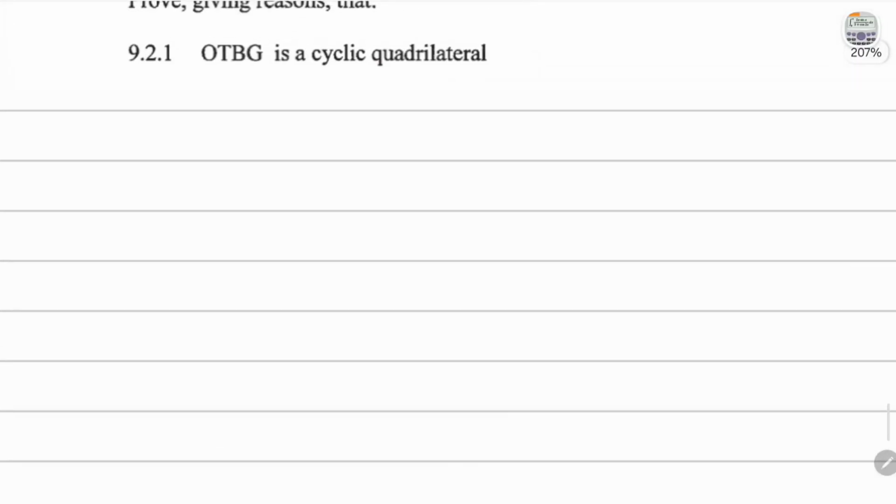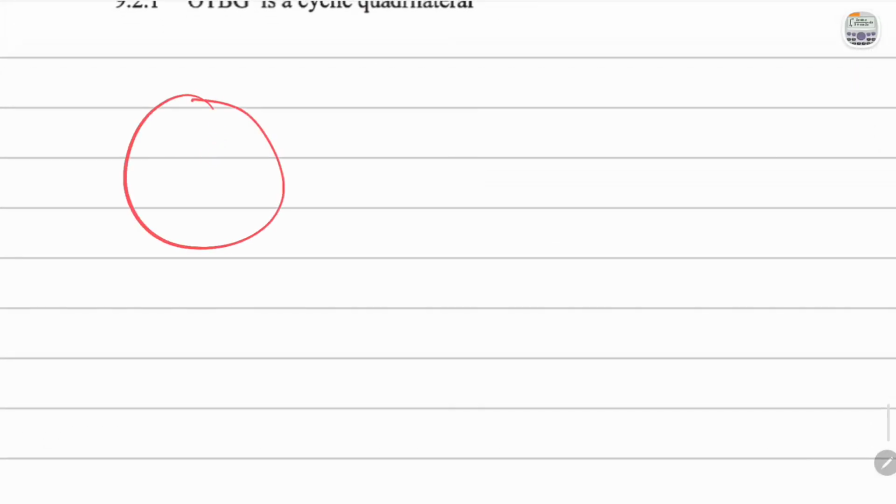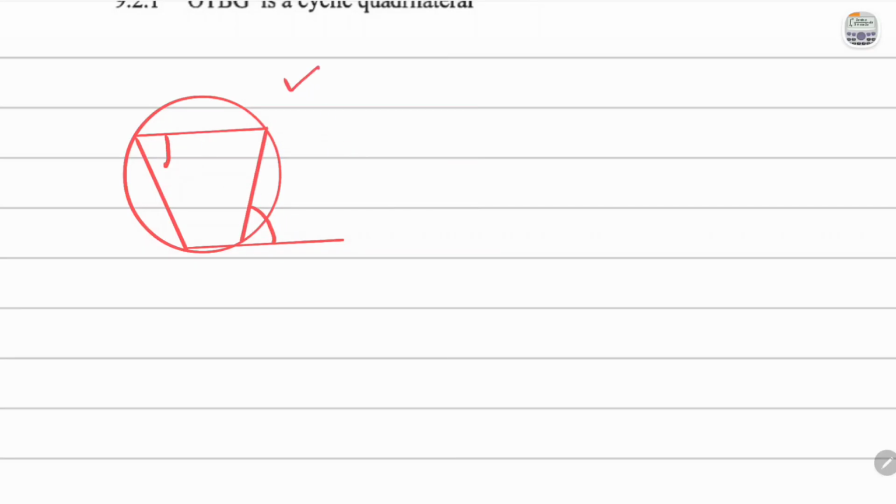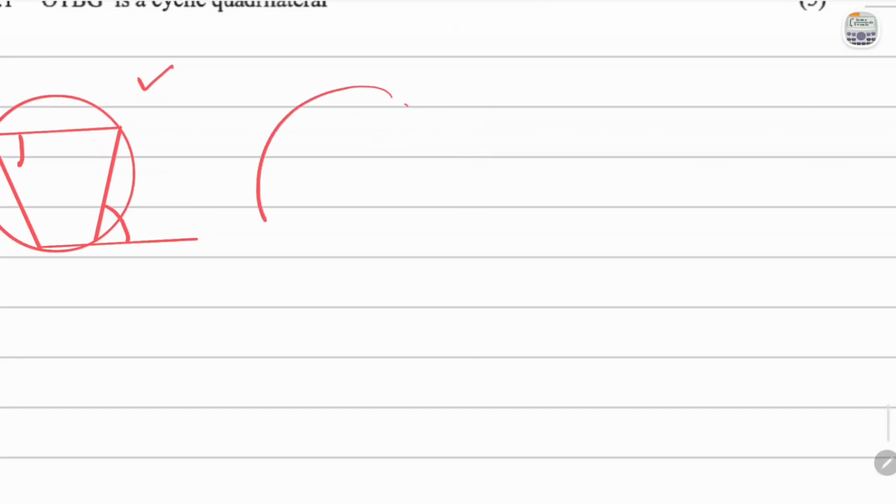There are three theorems that we can use to prove that a shape is a cyclic quadrilateral. The first theorem is if we have some sort of quad in a circle, and you notice that the exterior angle of this quad is equal to the opposite interior angle, then it means that this is a cyclic quad.